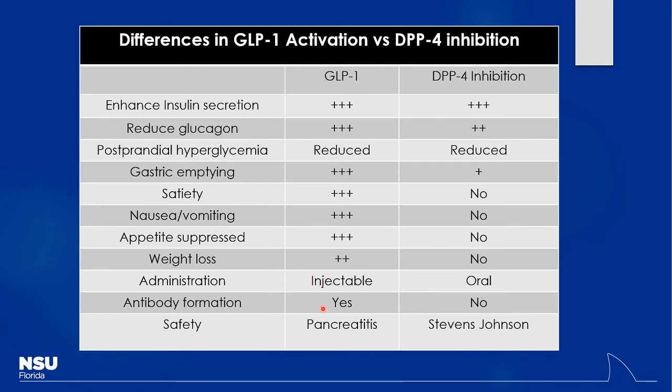You can develop antibodies to these drugs over a period of time, so you do want to be watchful for that. Anaphylaxis could be a risk, but you may also find antibodies developed that neutralize the drug and prevent it from being effective. Potentially you could switch them over to a different agent and they may regain that efficacy. In terms of safety effects, remember pancreatitis and weight loss seen with the GLP-1 agonist, while Stevens-Johnson skin reactions are the big one for the DPP-4 inhibitors.